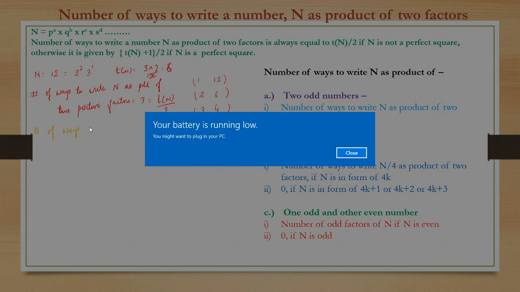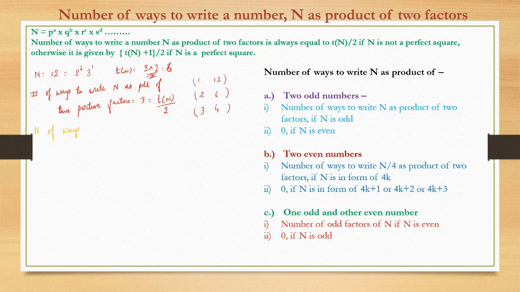Ordered pairs means, say suppose it's x and y. So at one instance x will take a value of 1 and y will take a value of 12. Another instance x can take a value of 12 and y will take a value of 1. So this would also be a solution.